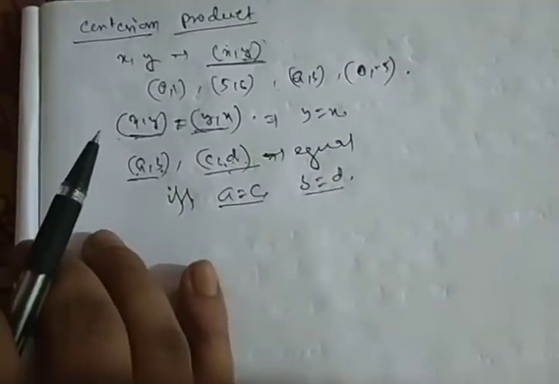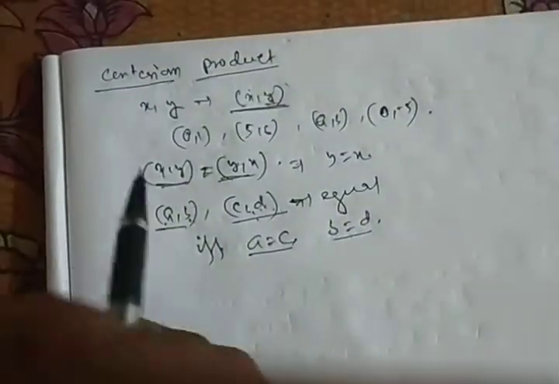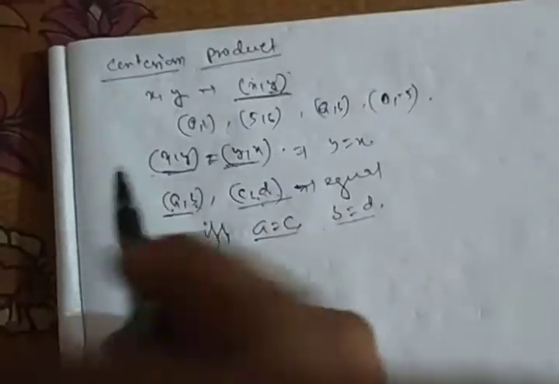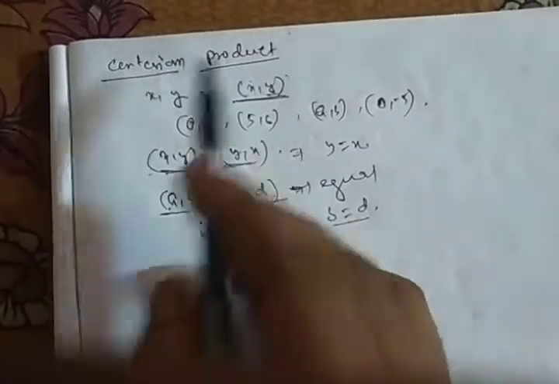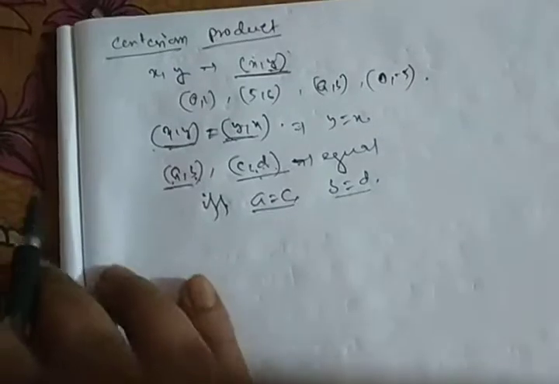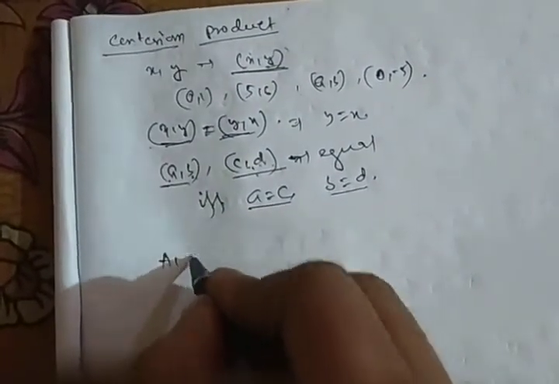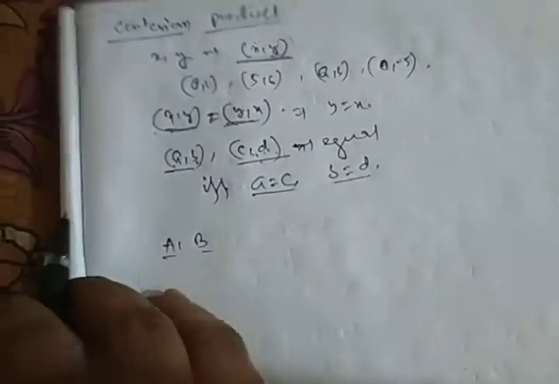Now after learning this ordered pair, we have to define the Cartesian product of two sets. Let there be two sets A and B, any two sets.